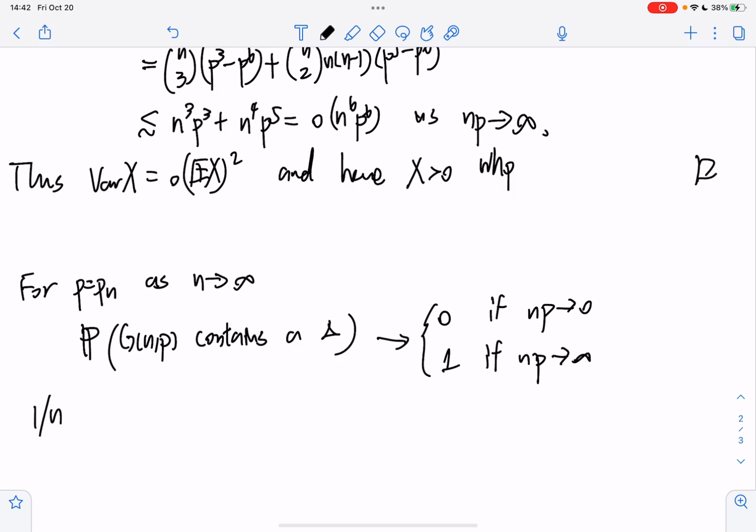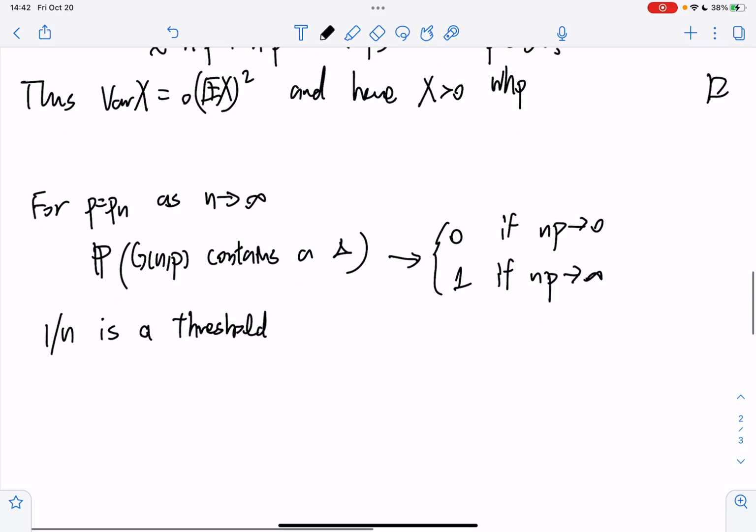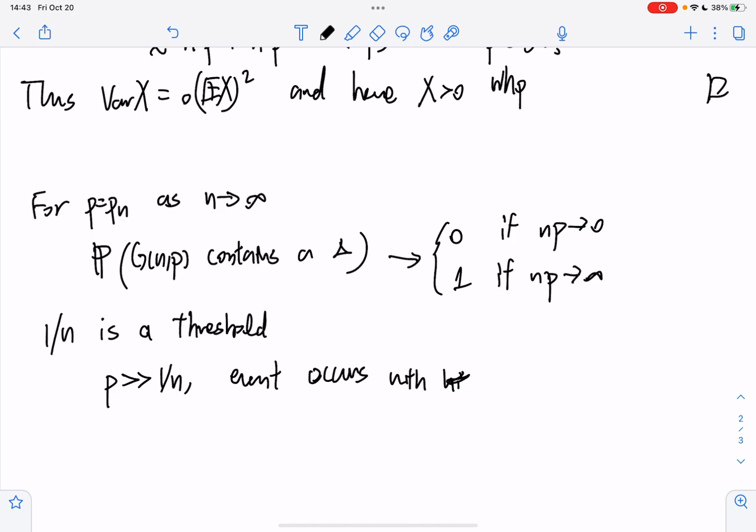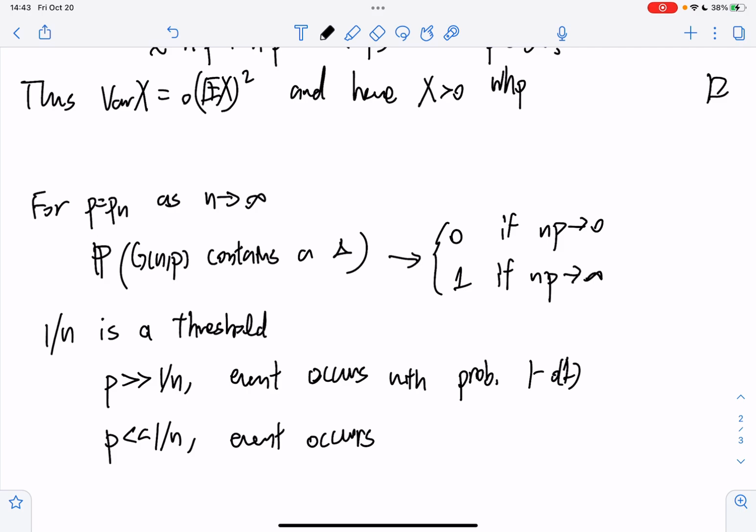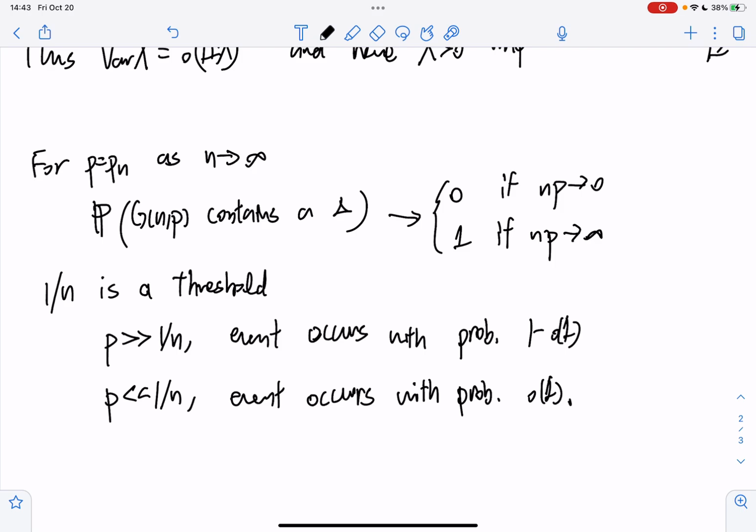We say that 1 over n is a threshold for containing a triangle, in the sense that if p is much greater than 1 over n, then the event occurs with probability 1 minus little o(1), and if p is much smaller than 1 over n, the event occurs with probability little o(1). Note that the definition of a threshold ignores leading constant factors. So it's also correct to say that 2 over n is a threshold for containing a triangle; it's not unique.